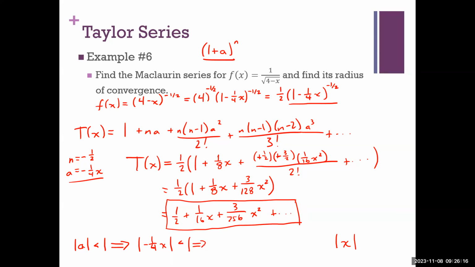One thing I'll point out is that the absolute value of negative 1/4 x is equal to the absolute value of negative 1/4 times the absolute value of x. What is the absolute value of negative 1/4? 1/4. So I get 1/4 times the absolute value of x is less than 1, which means the absolute value of x is less than 4. So as long as x is between negative 4 and 4, we have convergence, and we have divergence everywhere else.